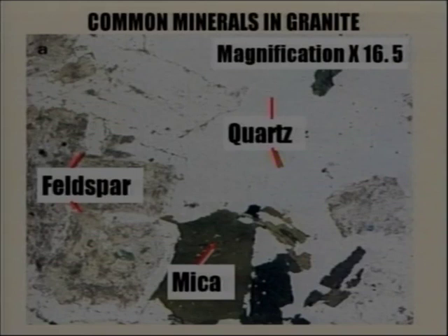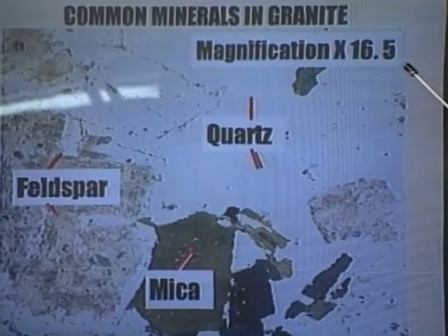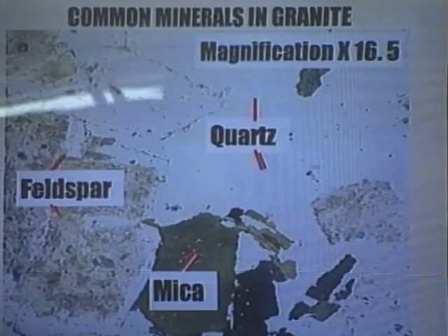Those minerals that I mentioned, common minerals which are found in a rock of granite. Here is a rock of granite which was put under the microscope, and then the minerals were able to be picked up, those three common minerals. Here it tells us that the magnification was times 16.5, enlarging it so that we are able to pick up.